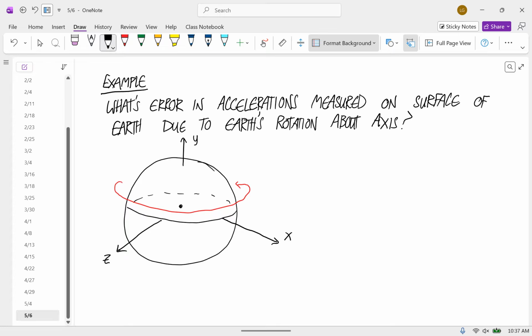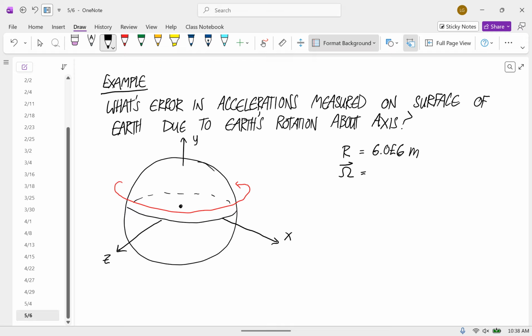And there are a few things that we know. We know that the radius of the Earth is about 6.0 times 10 to the 6 meters. And we know that the angular velocity of the Earth, the way that I have it drawn, is, so the way you calculate the magnitude of the angular velocity is, you know that it does one rotation or 2 pi radians every 24 hours.